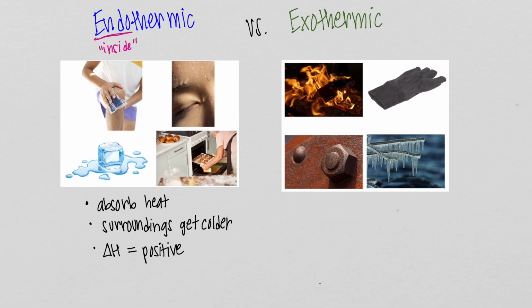So let me write that down right here. Delta H just refers to change in heat. And since heat is being absorbed here, it's going to be positive. If any of you are in sports and you hurt yourself, you have a bruise, and you use a cold pack, that cold pack is absorbing whatever heat is coming from wherever you're putting it on.